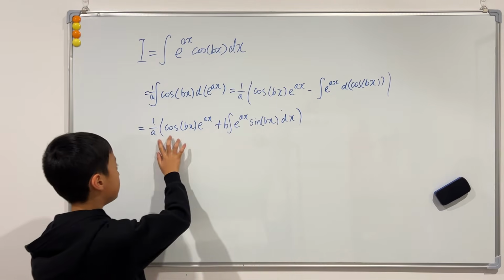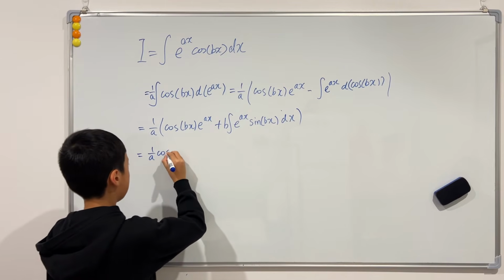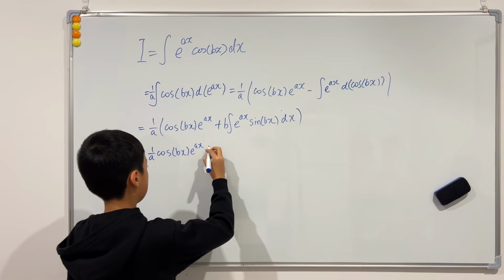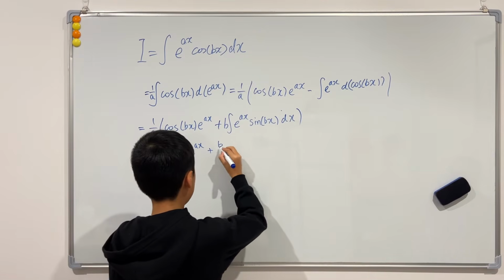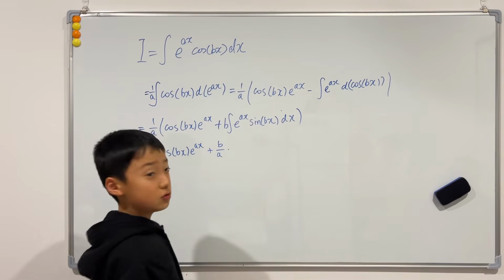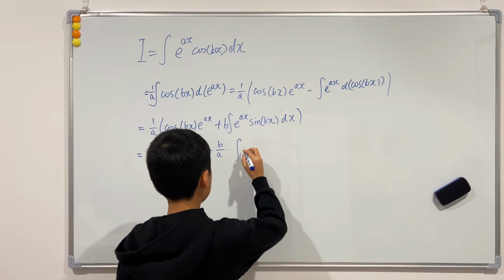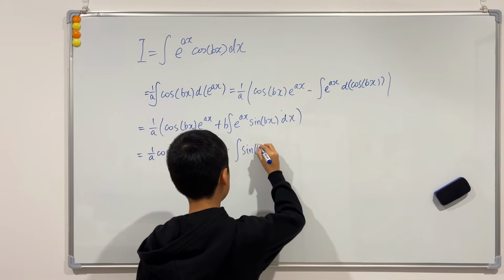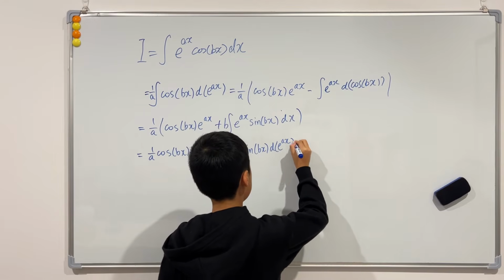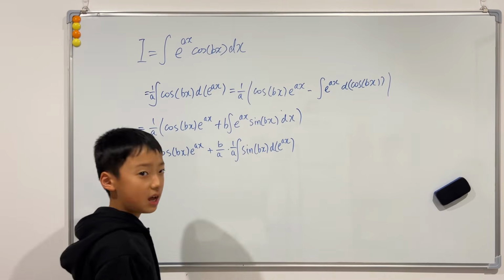So now I'll first expand this part. So it will be 1 over a cosine of bx e to the ax plus b over a times, if we do integration by parts again, we have to do the same thing, times integral sine of bx d e to the ax. Because of chain rule, we have to multiply by 1 over a on the outside.